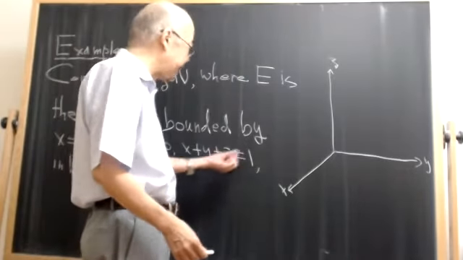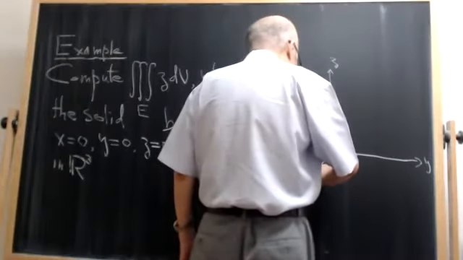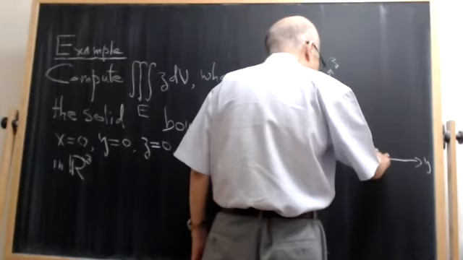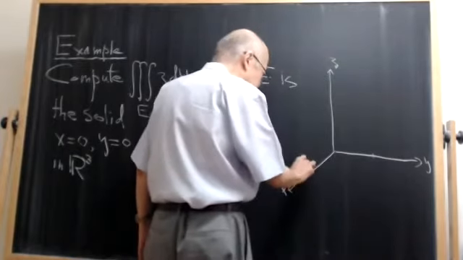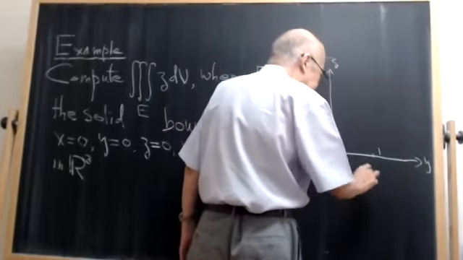Well, when z is equal to 0, we get a line joining these 2 points.